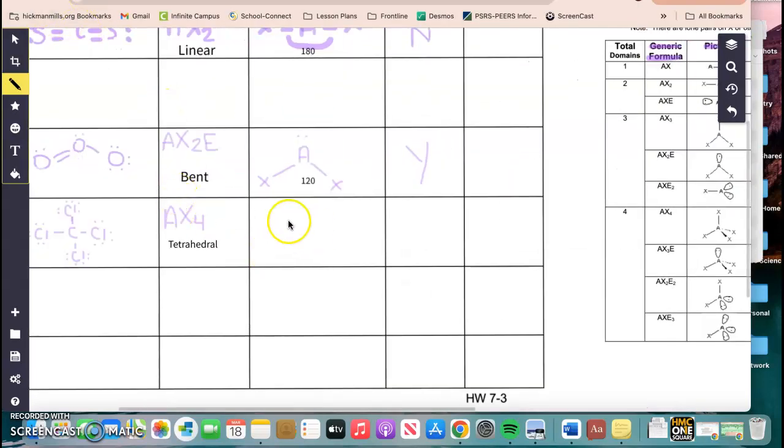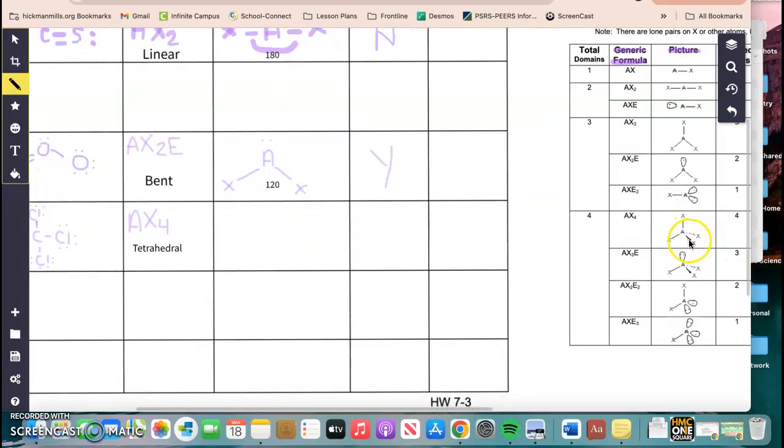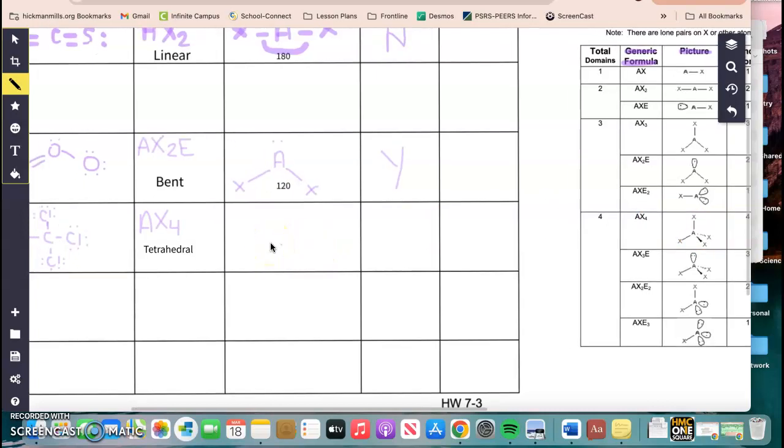Alright, so this molecular shape is going to be a little different because if you notice we have this solid triangle and this dashed triangle, and that just means that we have something that is coming straight out and something that is coming behind. And again, this will make a little bit more sense when you see this in person. So we have our A with an X coming up top, an X coming to the side.